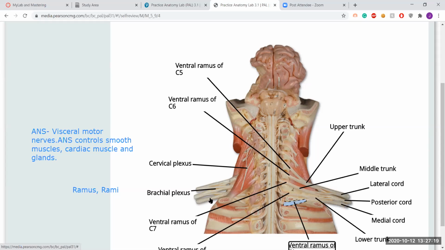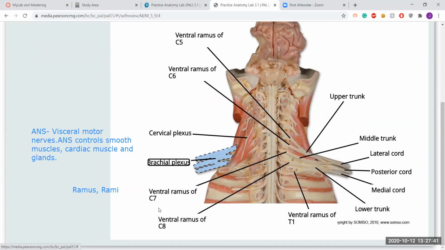This is called brachial plexus. Brachial plexus has several cords: medial cord, posterior cord, lateral cord, and this plexus then gets into your arm and divides into several nerves, like axillary nerve, radial nerve, ulnar nerve, musculocutaneous nerve. Those are the branches of the plexus. You see the ventral ramus of C7 forming the plexus.